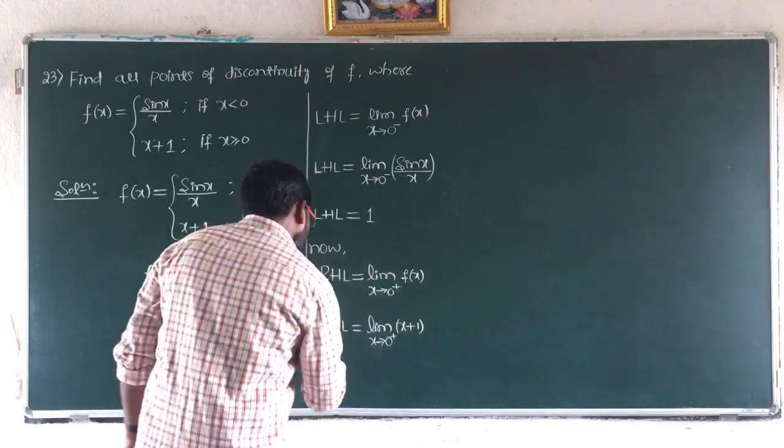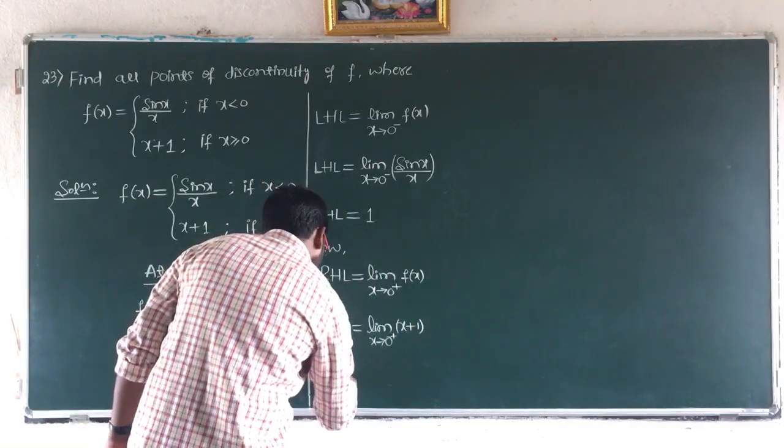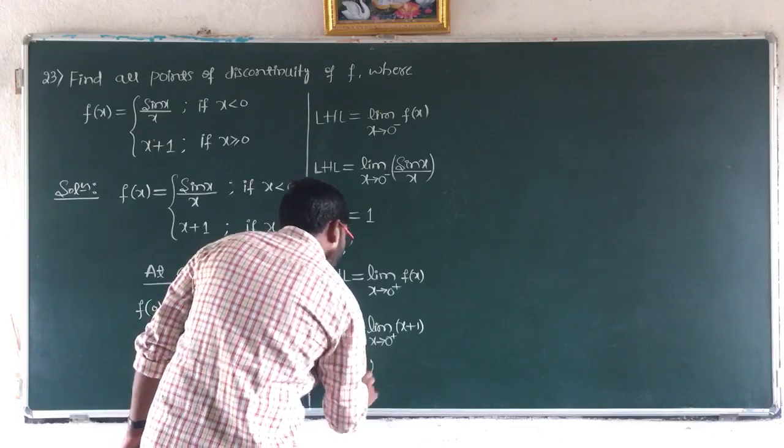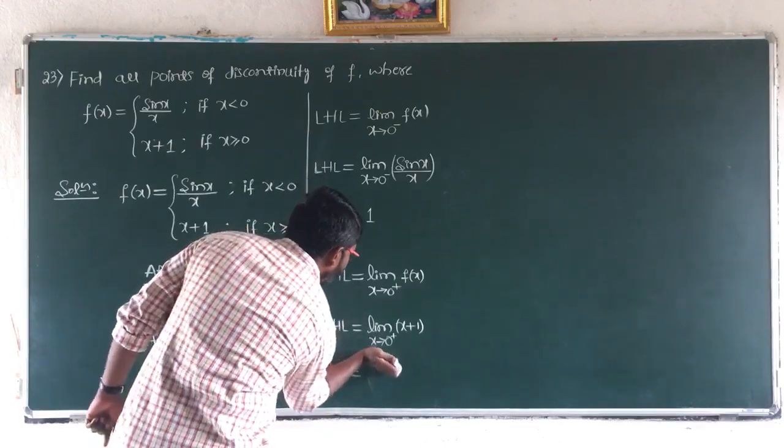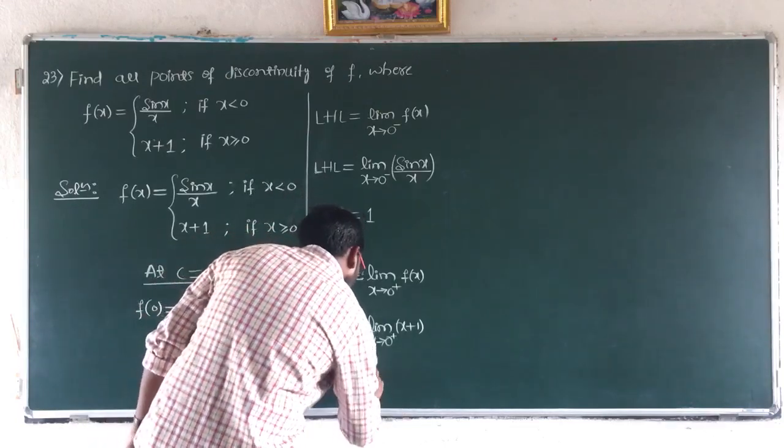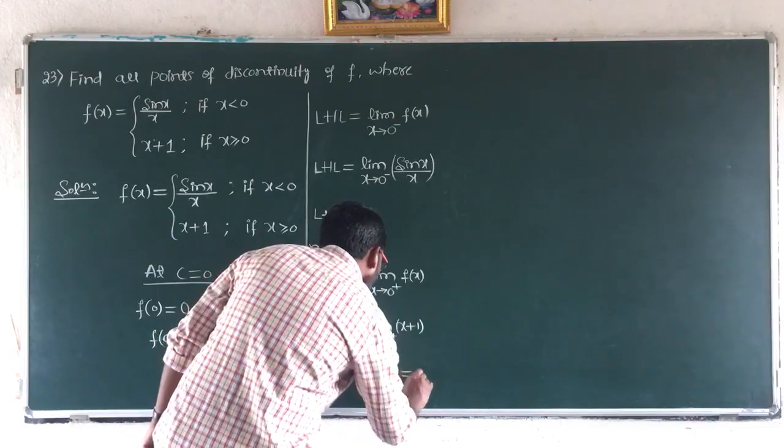So RHL which is equal to, apply the limit now. In place of x I will write 0, we get 0 plus 1 which is equal to 1.